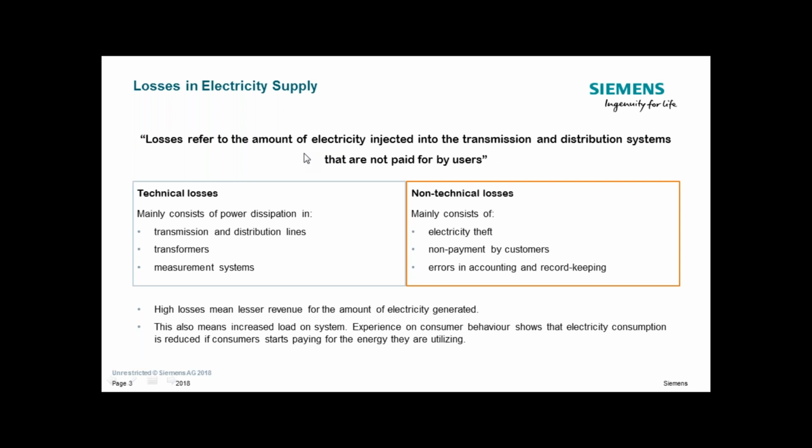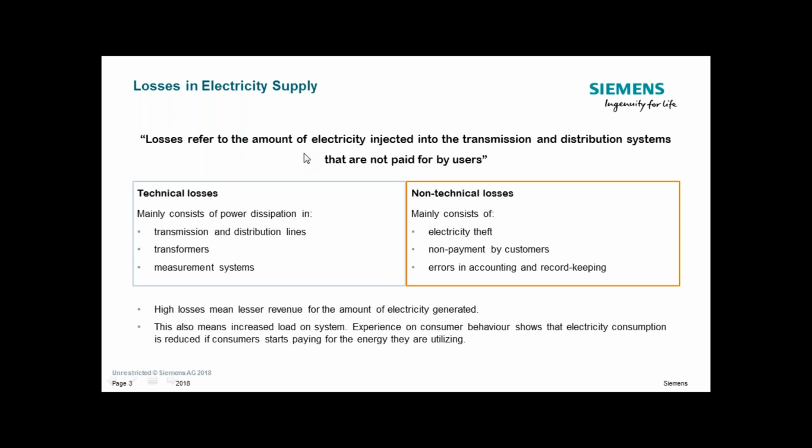There are technical losses and non-technical losses. Technical losses are, most of the time, due to the equipment itself, like transformers and cables; these are the two major reasons for technical losses. Non-technical losses have a lot of reasons behind them.